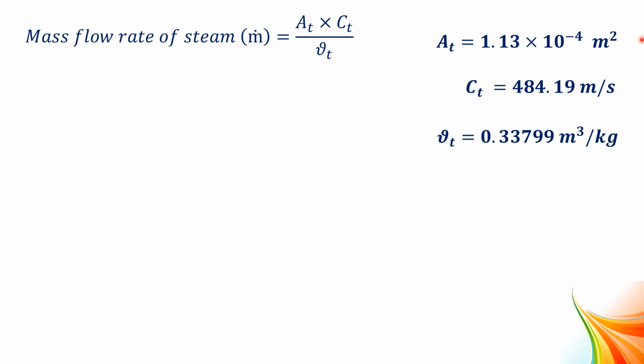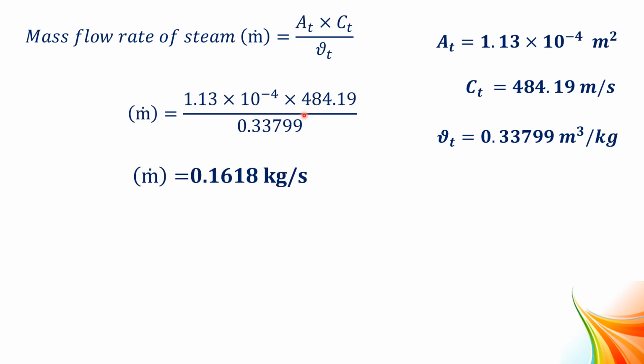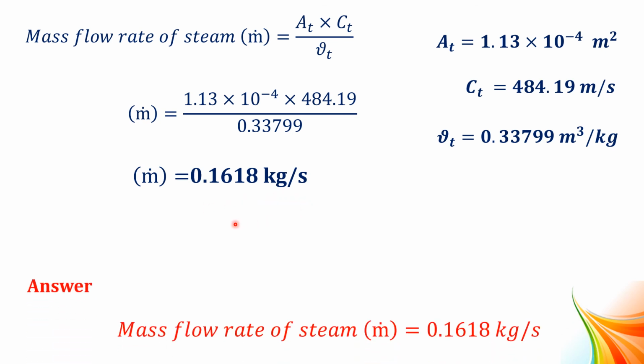Now substituting these three values in this equation, we get m dot equal to 0.1618 kg per second. So our answer is mass flow rate of steam m dot equals 0.1618 kg per second. Thank you.